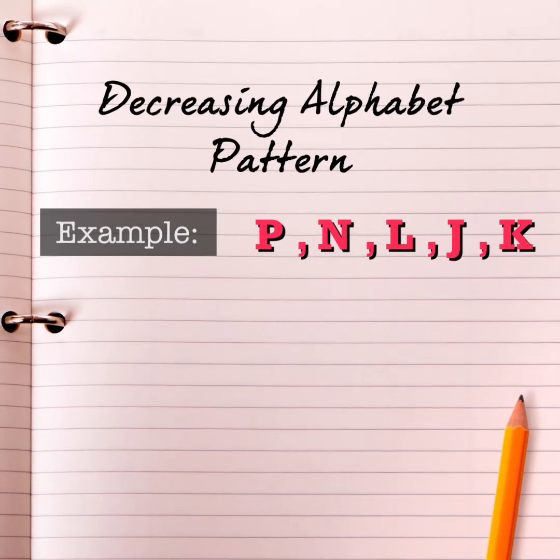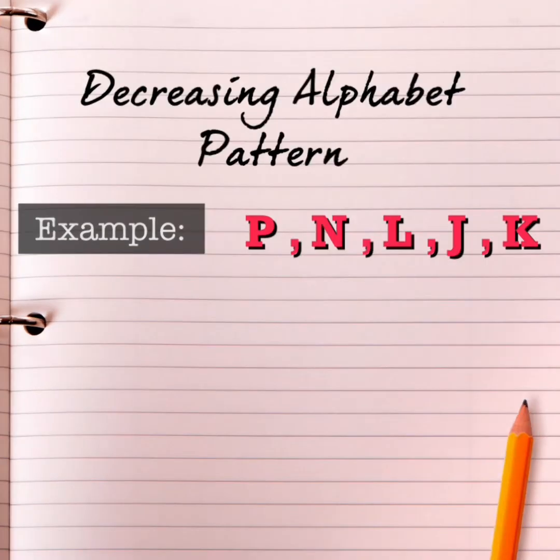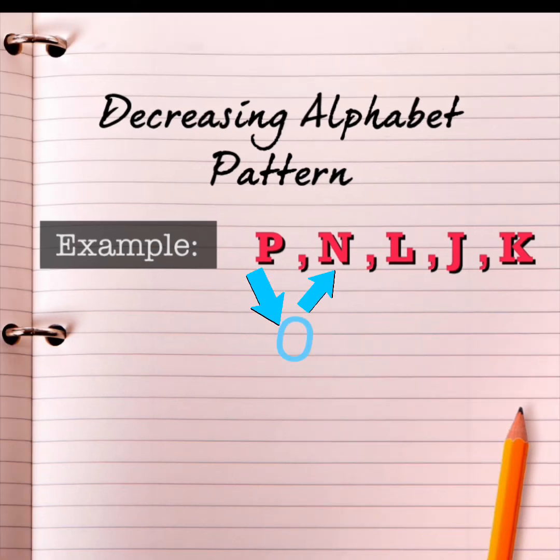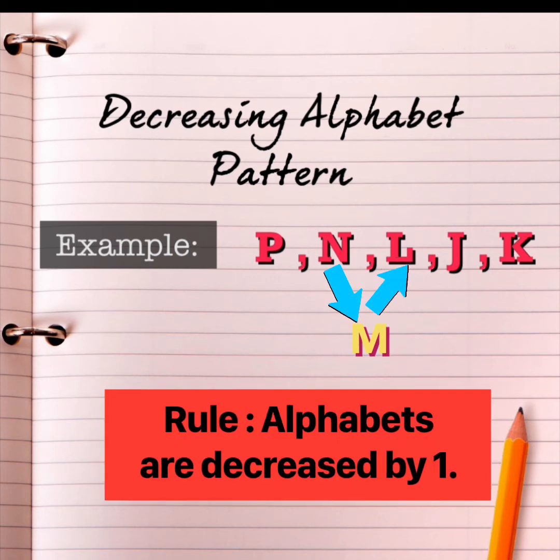Now decreasing alphabet pattern. Let's take an example: P, N, L, J. Now you can see that I have taken these alphabets in decreasing order. One letter we have skipped and then we got our answer, that is N. Similarly, we have skipped M so that we can get L. So the rule they are following is alphabets are decreased by 1.